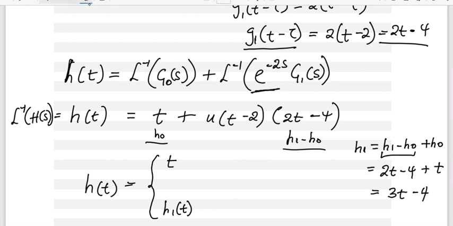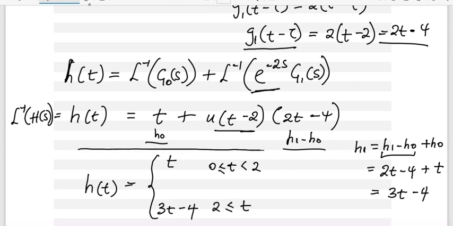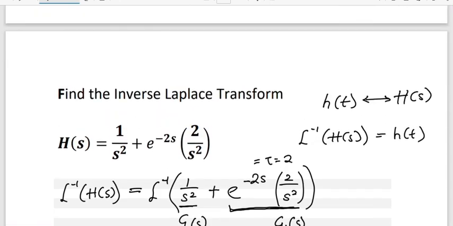So what we'll have here, we'll replace this with 3t minus 4, and the shift here is at point 2, so this will be 0 less or equals to t less than 2, and here 2 is less or equal to t, and we just found our piecewise function back by finding the Laplace inverse of this.